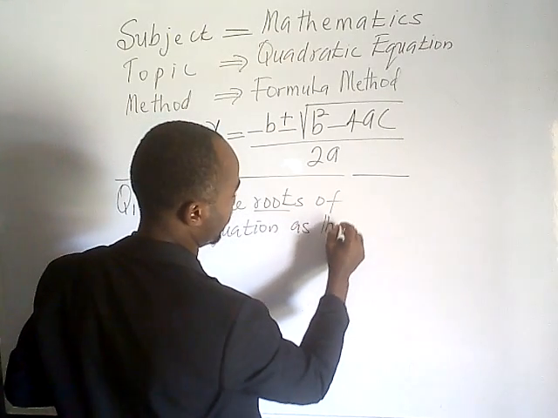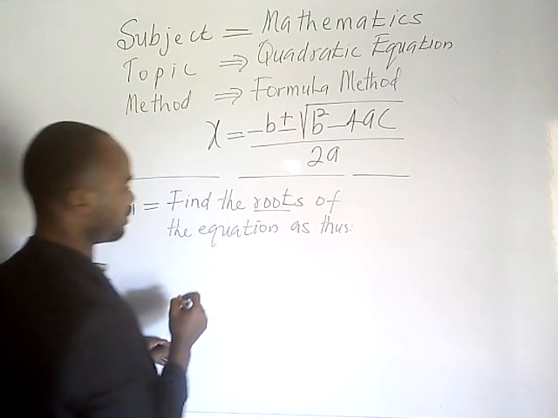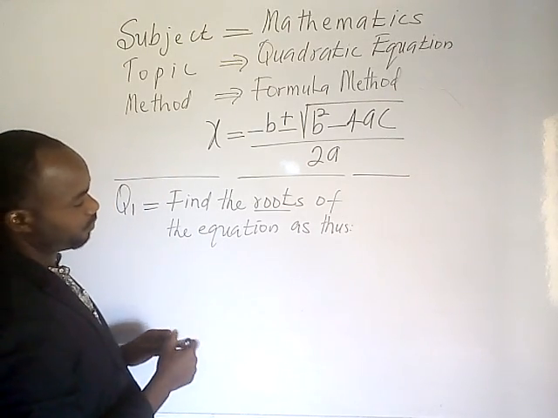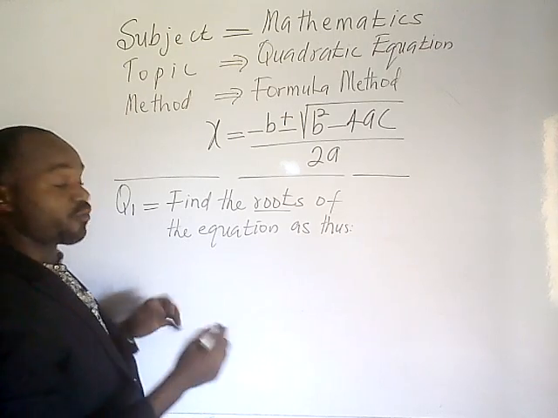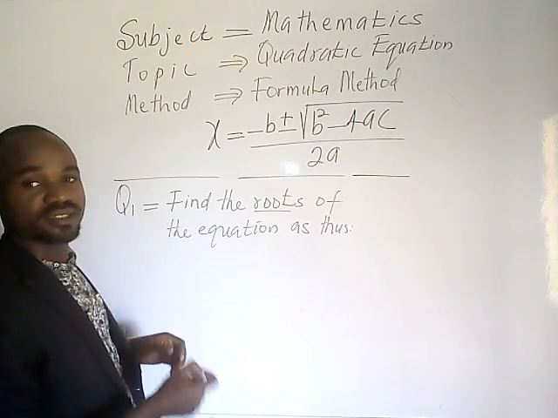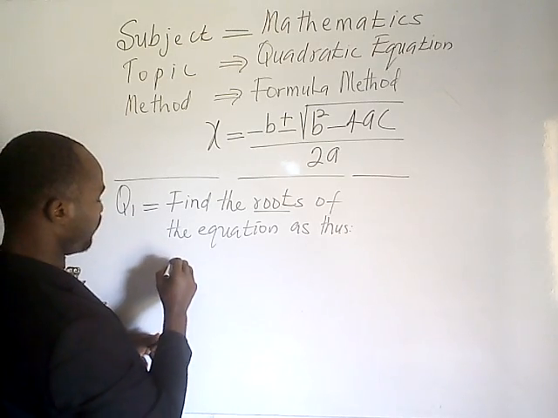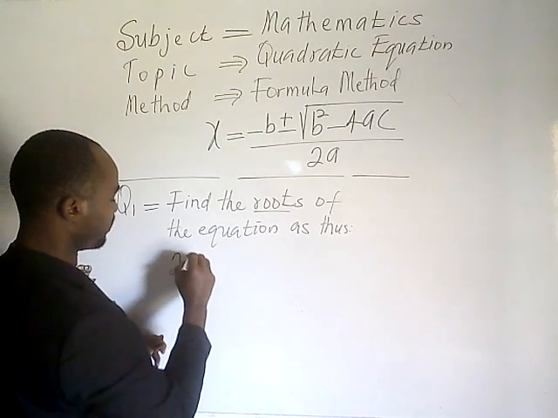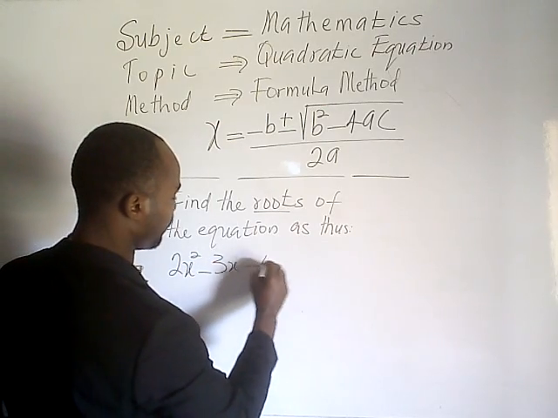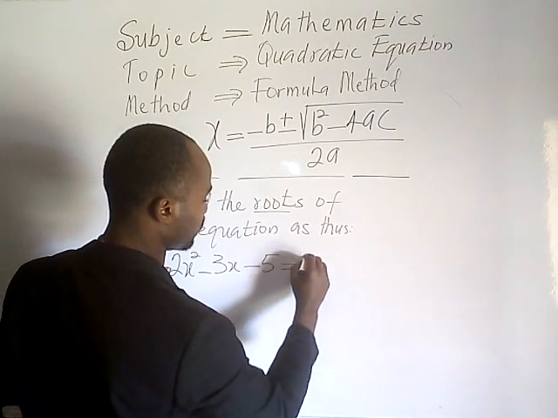The equation is very simple. We have different types of quadratic equations, and this is another simple one that one can easily solve. We have 2x squared minus 3x minus 5 equal to 0.